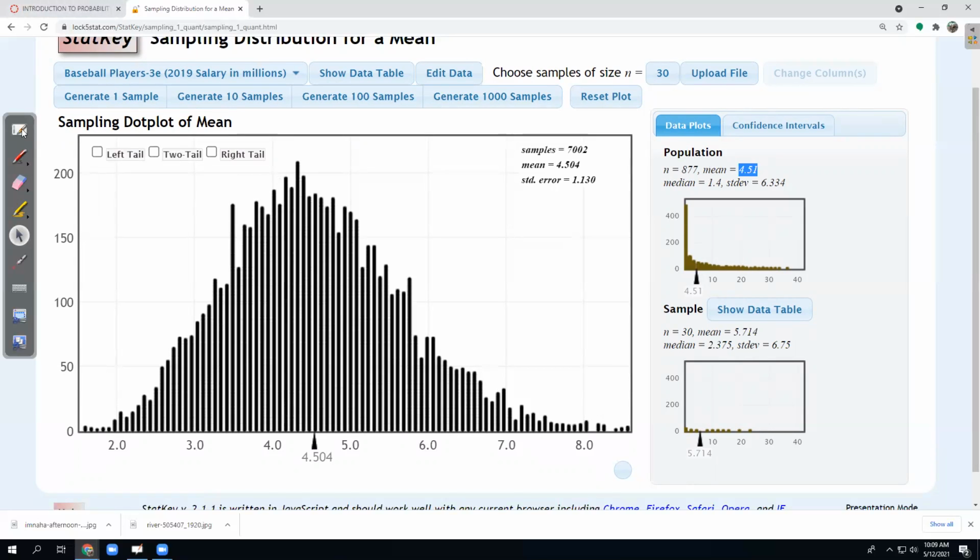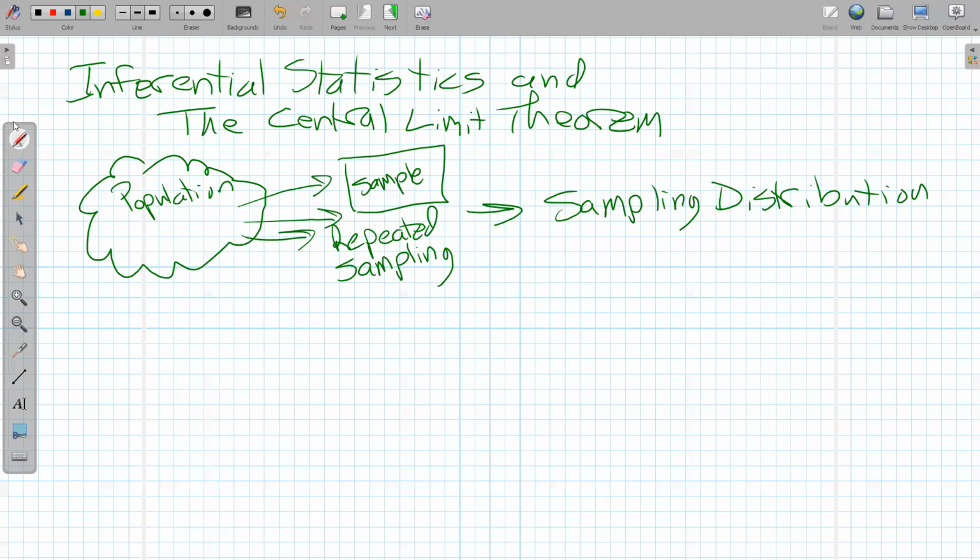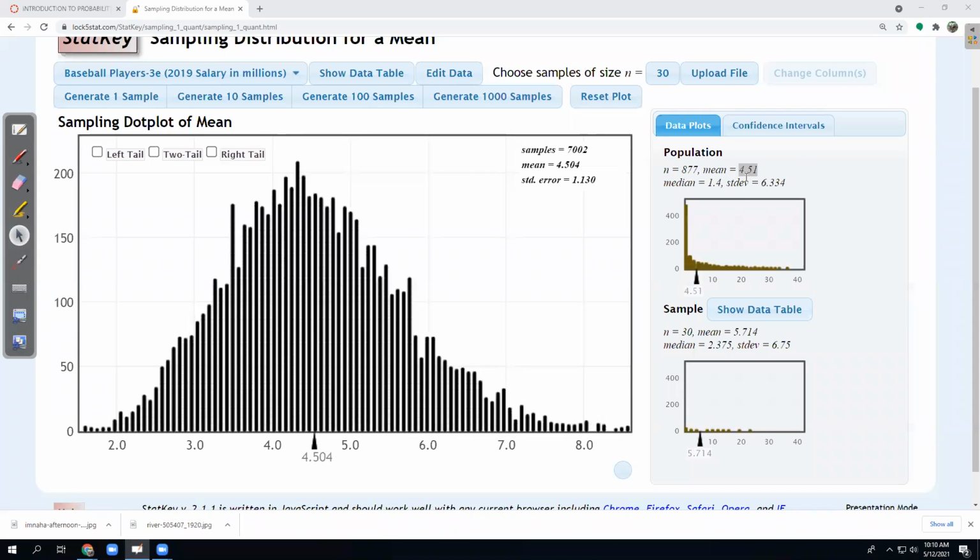So in summary here, we have this population. At the moment, I picked baseball players, 2019 baseball players. So that was my population. My parameter was their mean salary. And that mean is 4.51.